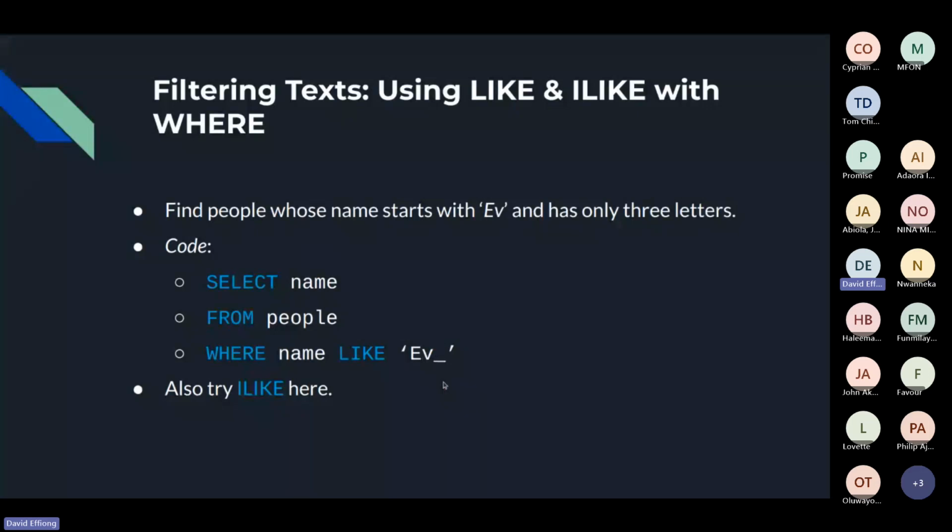It can give you any number of letters as long as it starts with EV. But if you're using underscore, you're saying yes, it must be 3 letters, that is 1, 2, 3, but the first 2 letters must be E and V. Then the last letter can be anything; you don't care. The first 2 letters are EV, and the last one can be anything. So that's the difference between the underscore and the percentage sign. The percentage sign can match one or more characters.